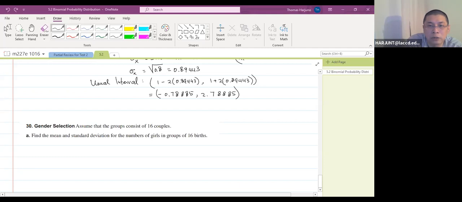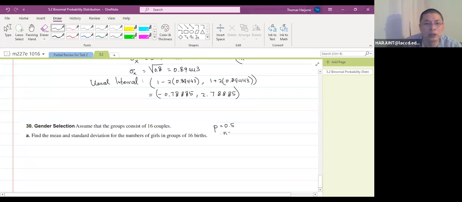In reality, it's actually not. The probability of getting a girl is more than 50%. I think it's around 0.56. Anyway, with the assumption they give us, P equals 50%. The probability of getting a boy is the same as the probability of getting a girl. And n equals 16.